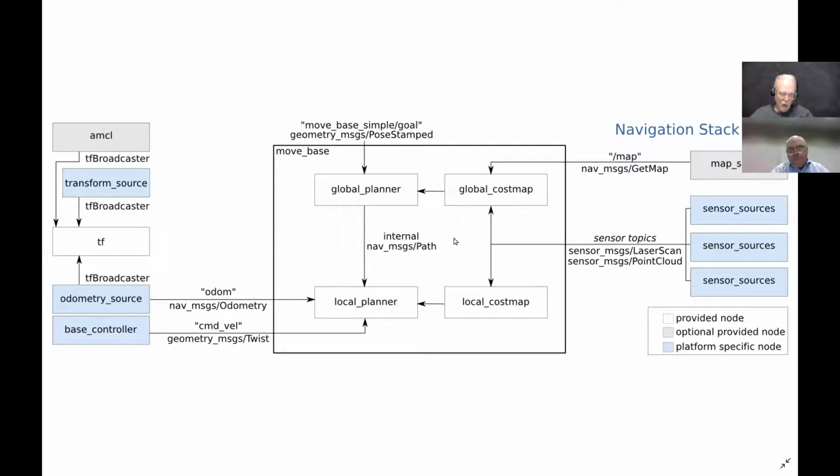And the other problem is, say it's driving around and you're going to use your joystick as a pause button. So you press your joystick, and that simply says stop listening to these command velocity messages coming out of here, and the thing will just sit there ignoring that. But if you have the recovery behaviors turned on, it says, oh, I haven't been able to move for 2 seconds. Here, let me back up, or let me start rotating in circles. Let me do all these other stupid things.